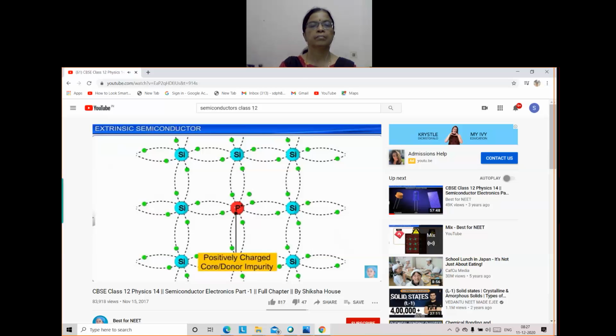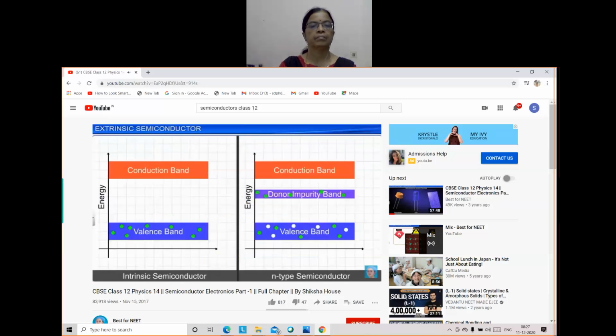An N-type semiconductor has a donor impurity energy band that lies just below the conduction band. Thus, you can see here, it donates more electrons to the crystal lattice, and therefore a new energy level is formed.